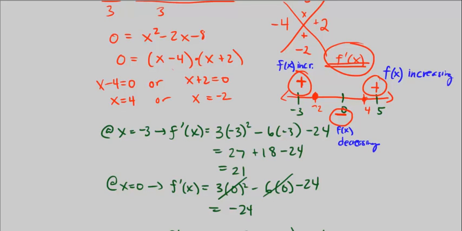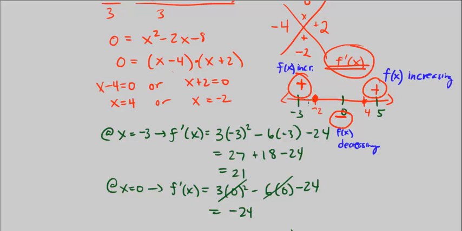Alright, so the question is asking us on what intervals is f of x increasing? Well, at x equals negative 2, we hit a 0 here, and at x equals 4, we hit a 0, but to the right, it's increasing, and to the left of that, it's increasing, right?